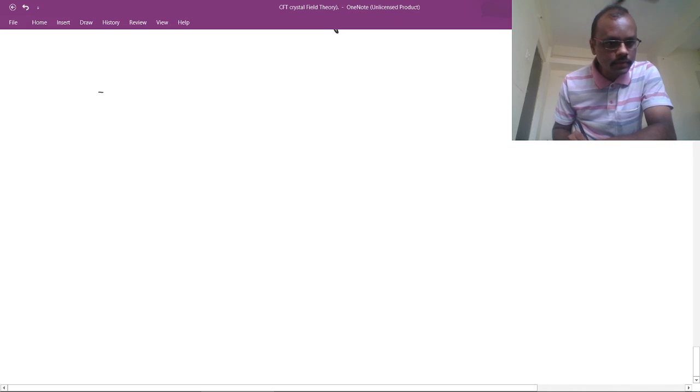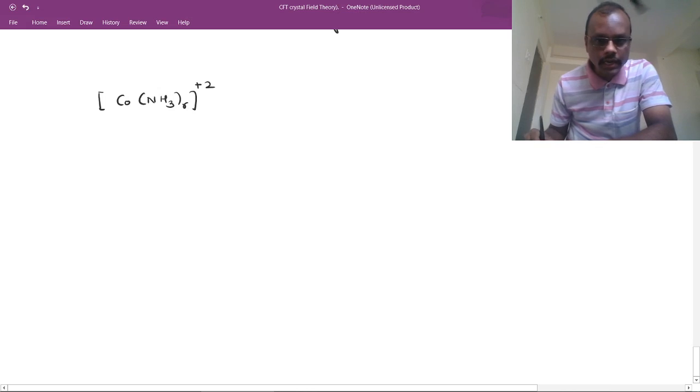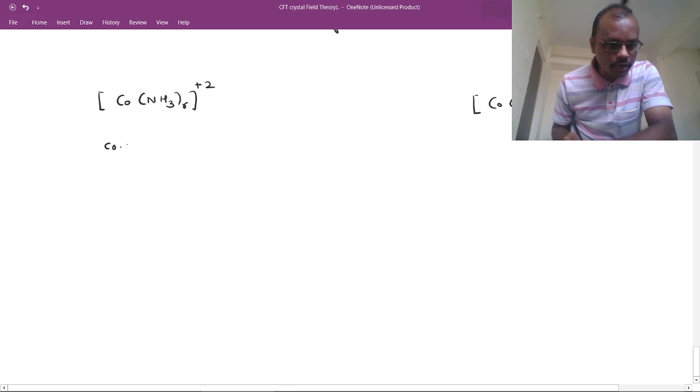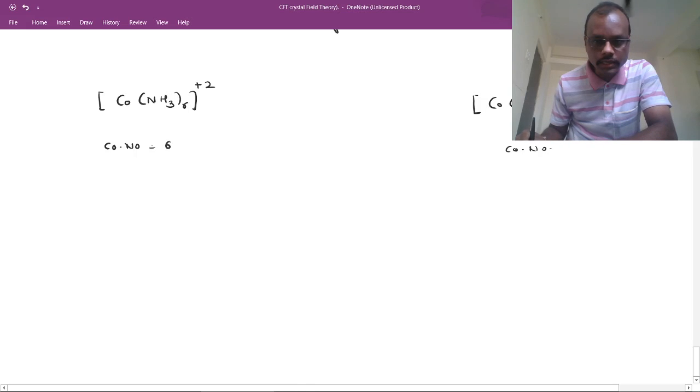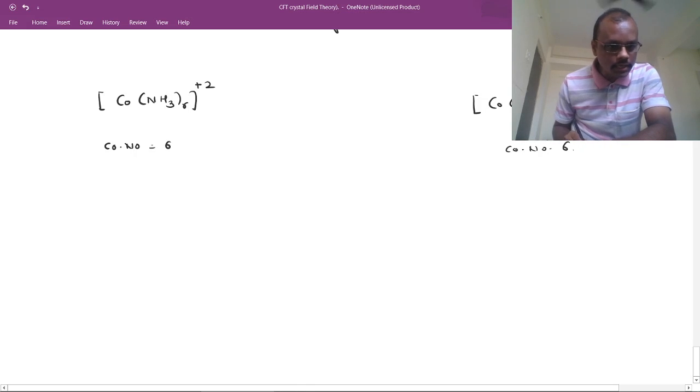Suppose I consider one complex, [Co(NH3)6]2+, and another complex, [Co(NH3)6]3+. Both are octahedral complexes. Here the coordination number is 6.